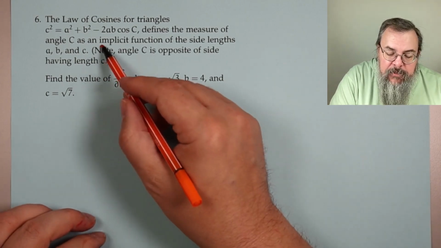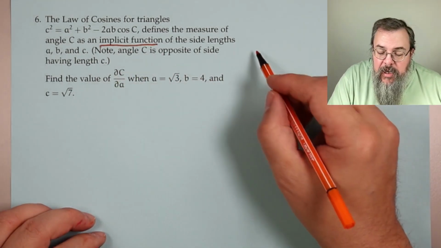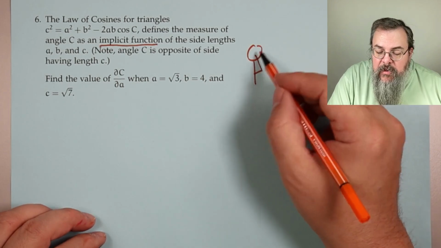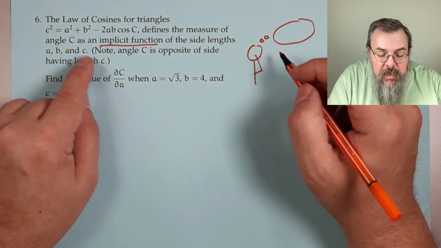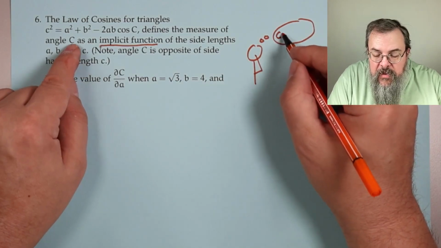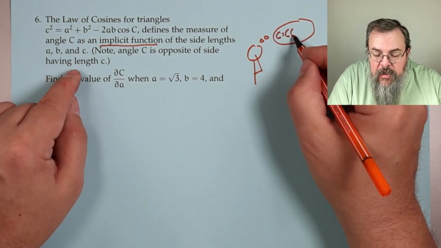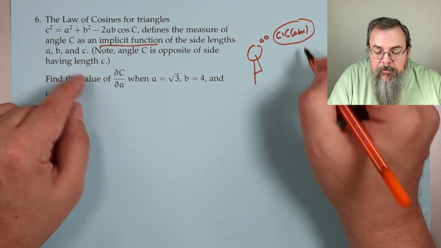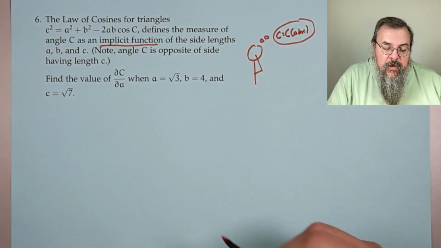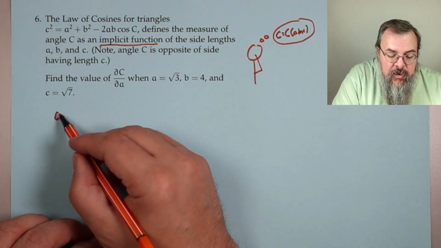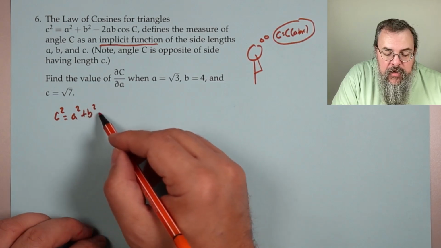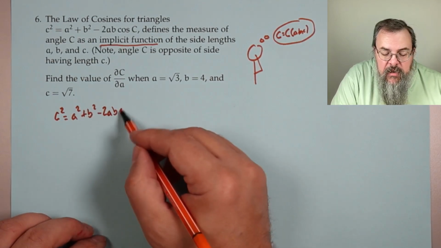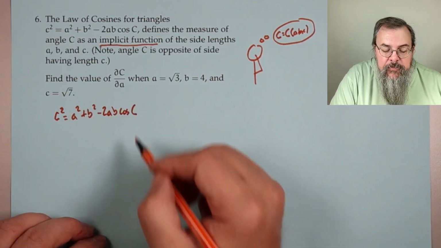When we see an implicit function, we're thinking of C as a function of a, b, c. So we start with c squared equals a squared plus b squared minus 2ab cosine C.